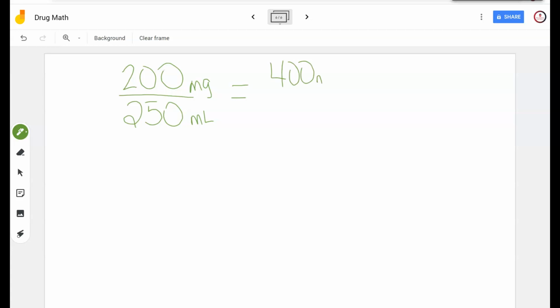Wait, this might sound like a silly question, but being more concentrated would mean there's more of the medication than there is saline, correct? Yes. There's more medication in each drip.